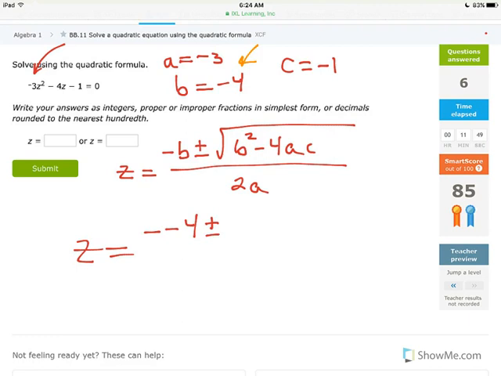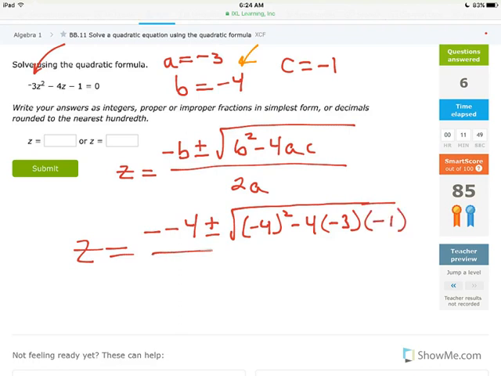Plus or minus the square root, and you need to watch out for your square here, because it's going to be a negative 4 squared, minus 4, and your A is a negative 3, and your C is a negative 1, all over 2 times the A, so 2 times the negative 3.